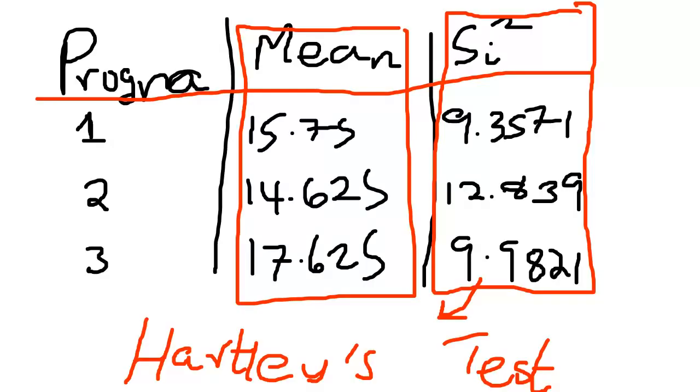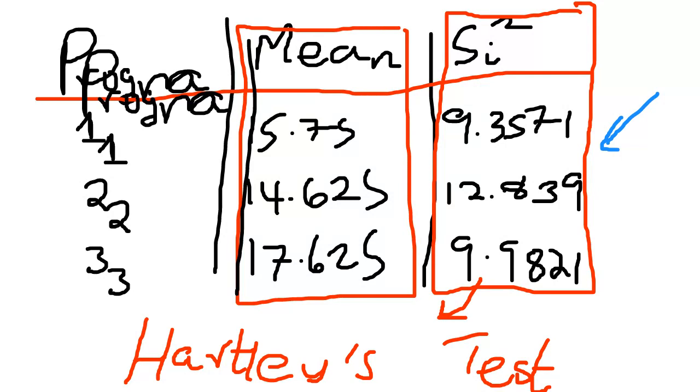For this one, which is talking about the variance, you need this part. I will explain the null and the alternative hypothesis, but now I'm interested in showing how to find the F calculated, F max.